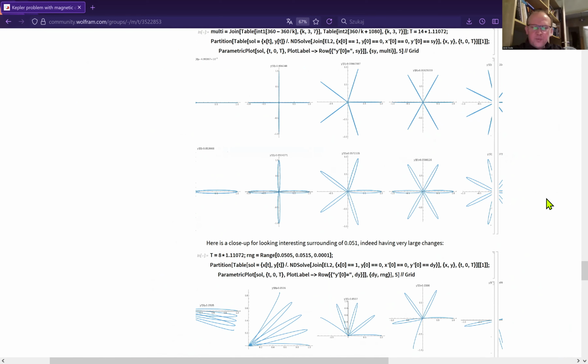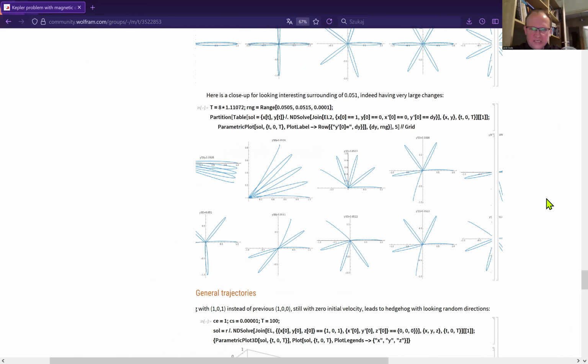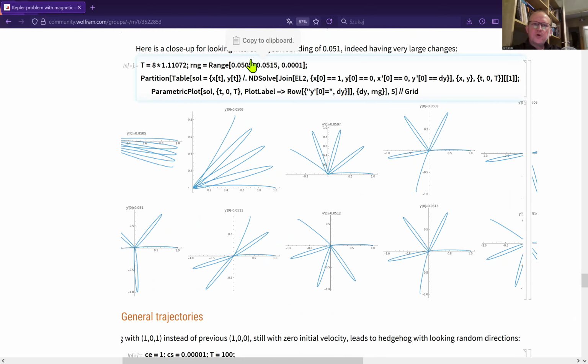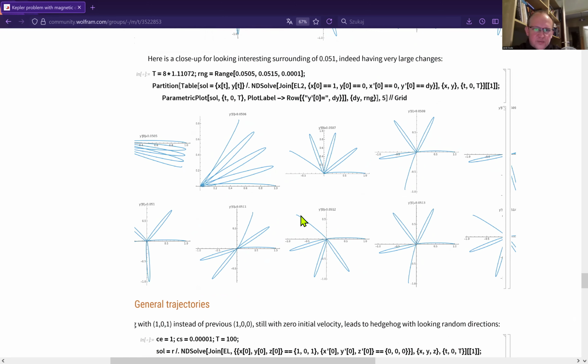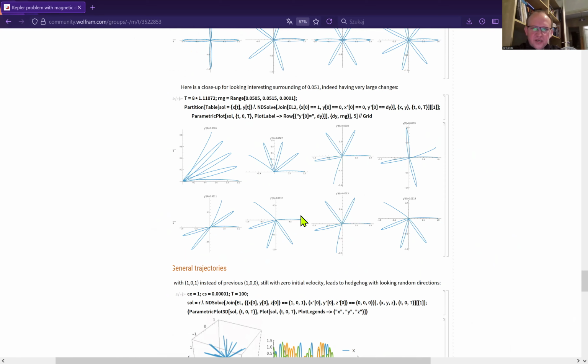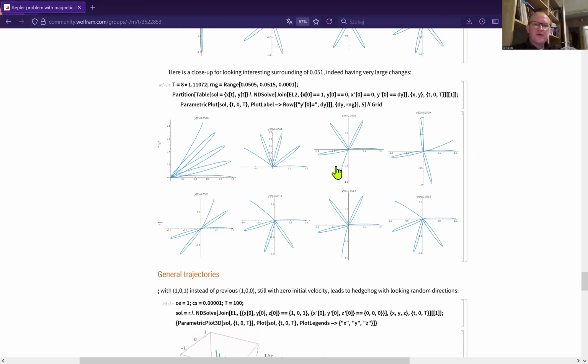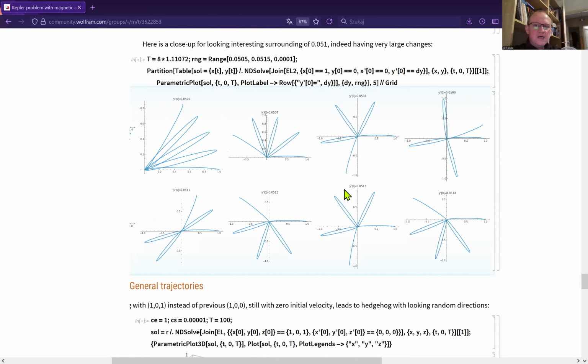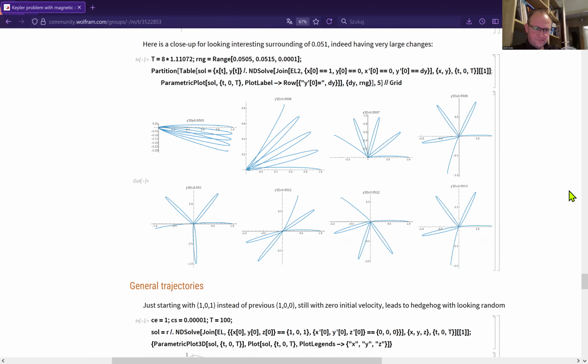So we get the charge quantization here, and here we take a closer look at this interesting region where the behavior changes. We can see that indeed there is a large dependence on the conditions: a very tiny change of conditions gives a large change of behavior.